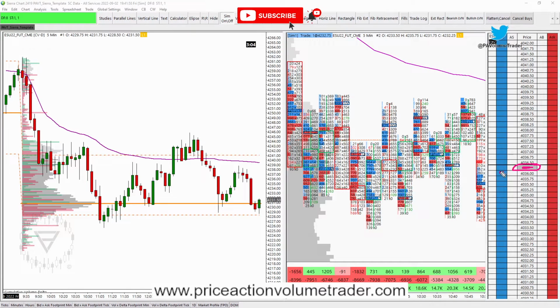If I have enough to consume all the limit orders that are resting at 4,036, then if I just hit market sell, I'm going to get filled at the next available price down, which will be 4,036. So basically, I am giving away one tick just to get filled immediately at the next available price.